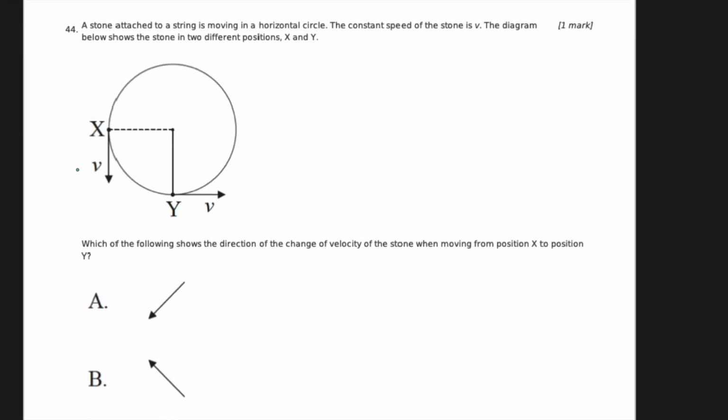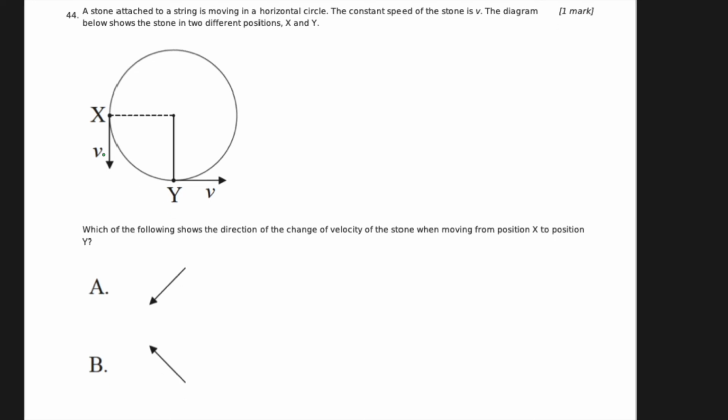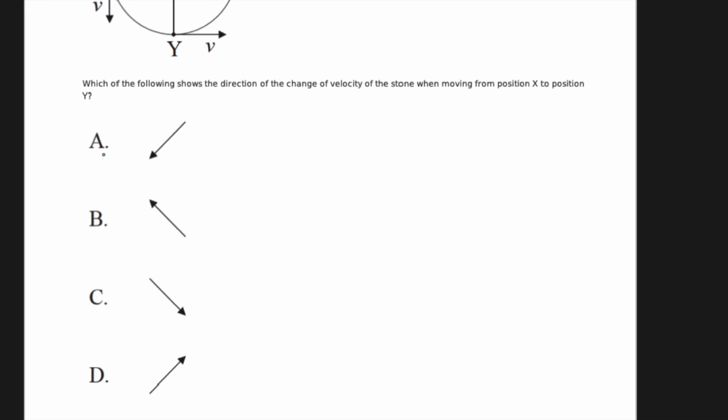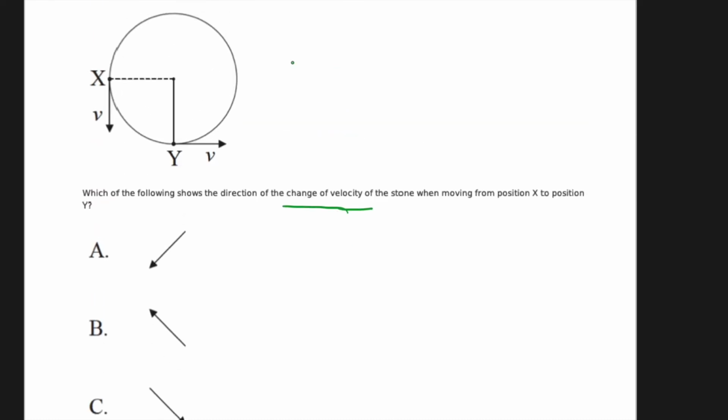A stone is attached to a string and moving in a horizontal circle. The constant speed of the stone is V. The diagram below shows the stone in two different positions, X and Y. Which of the following shows the direction of the change of velocity when moving from X to Y? So we know change in velocity is equal to VF minus VI. Here is VF, right?